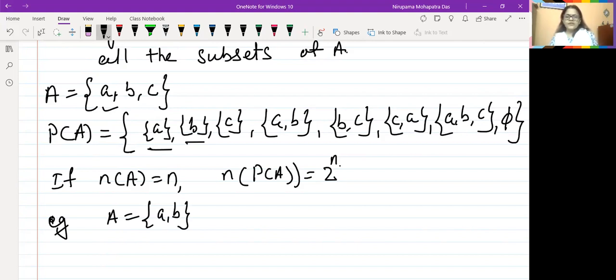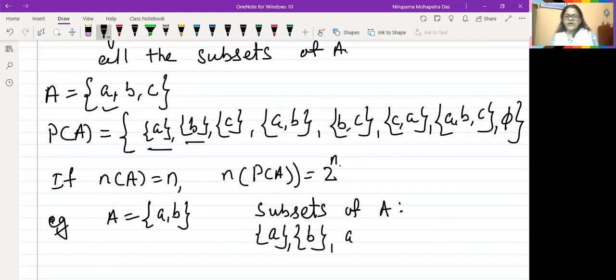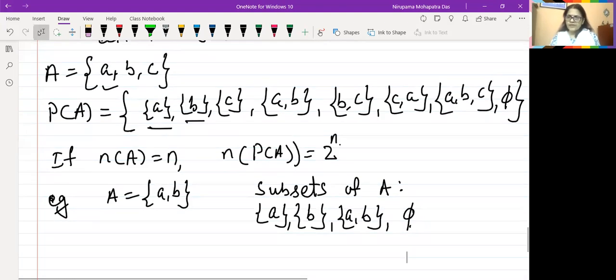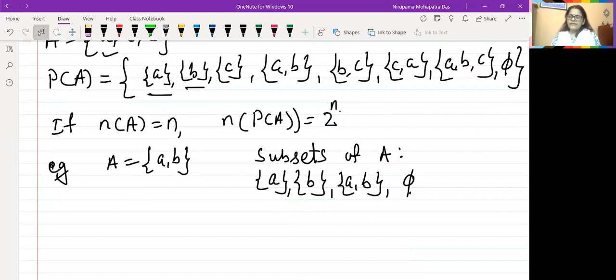So if it is subsets of A, then you may write one subset is {a}, another is {b}, next one is {a, b}, then the fourth one is φ. A has 2 elements, so it will have 4 subsets.